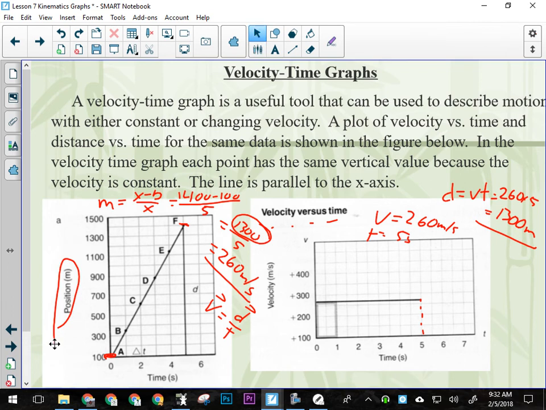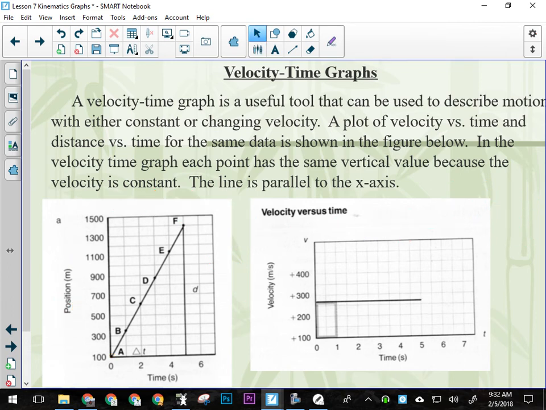Okay, let's try something different. Okay, what's that object doing?